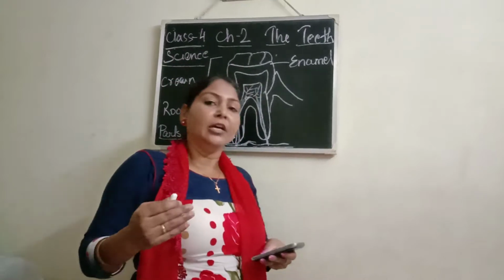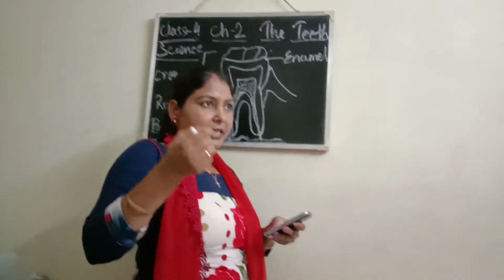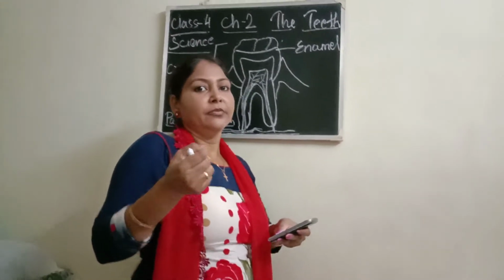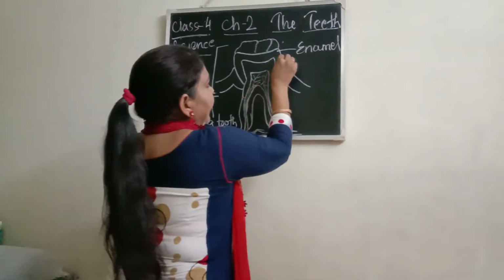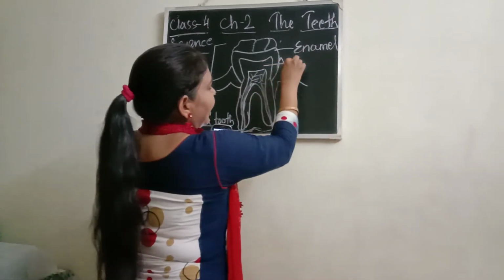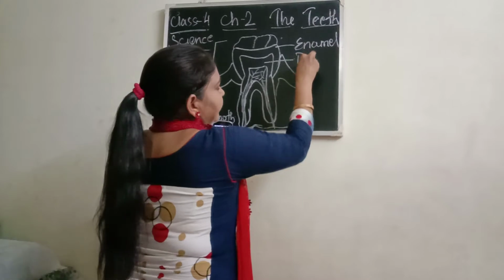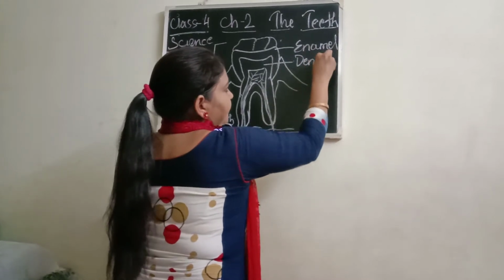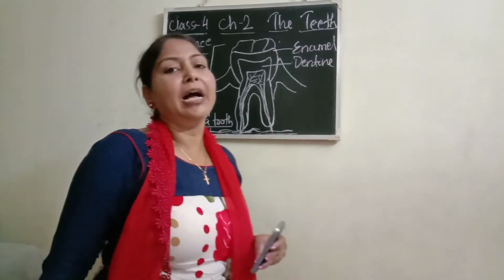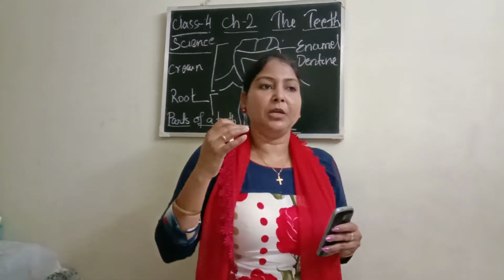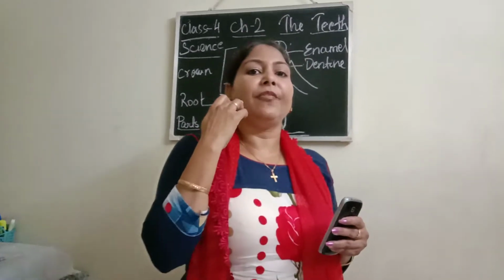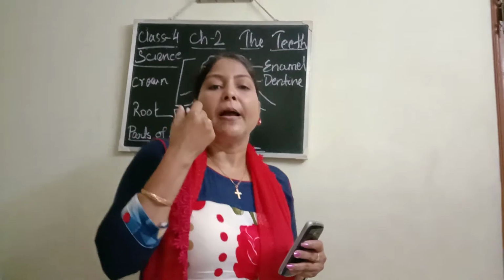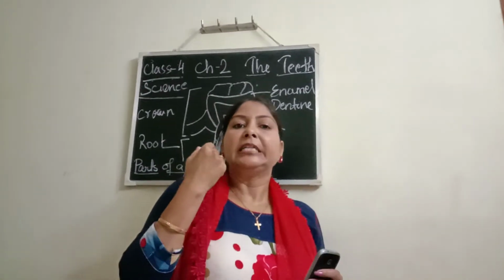Now below that, there's a little yellowish part which is called dentine. This part, okay, this is dentine. And just below the dentine, you will find the pinkish soft tissues.